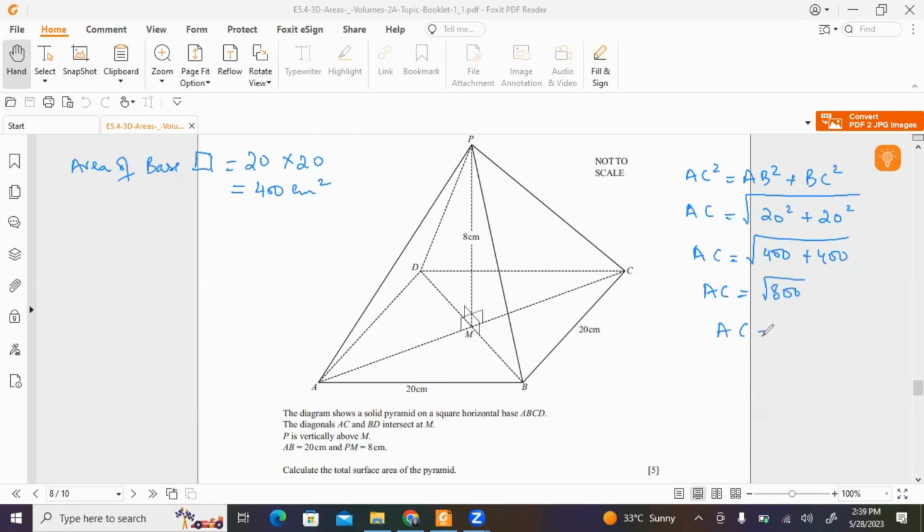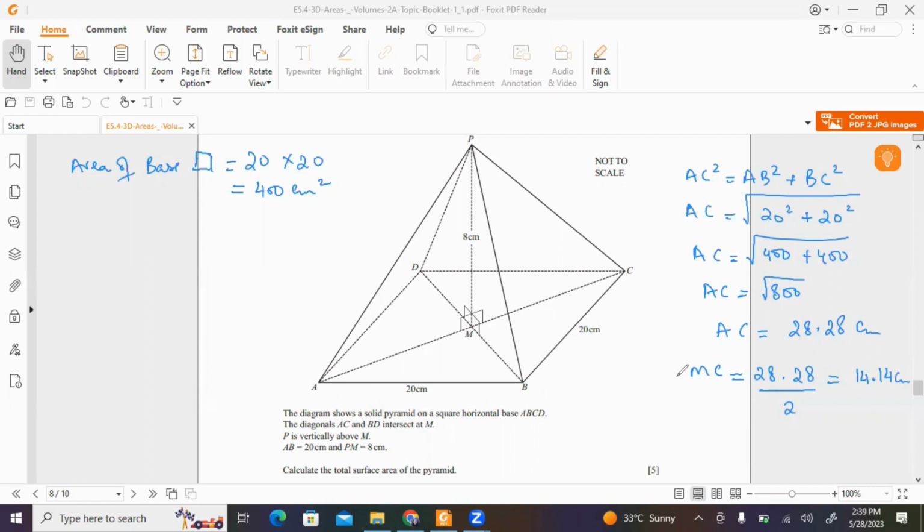800. So if we can plug this in the calculator, that's going to be 28.28 centimeters. Then MC is going to be 28.28, half of that is 14.14.